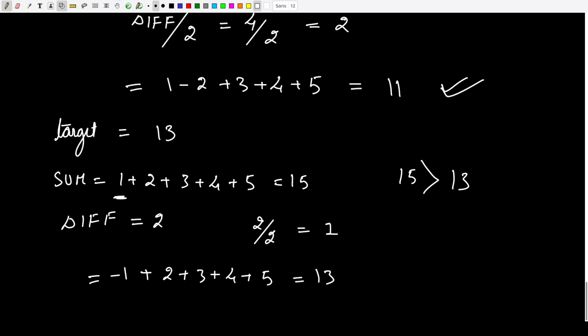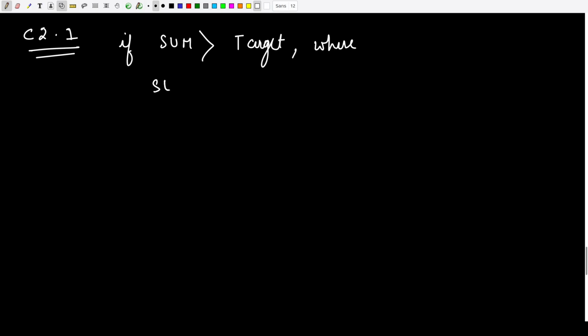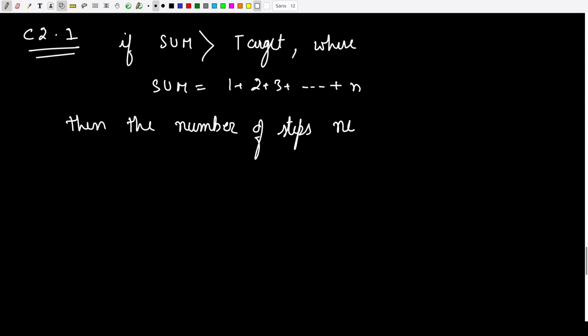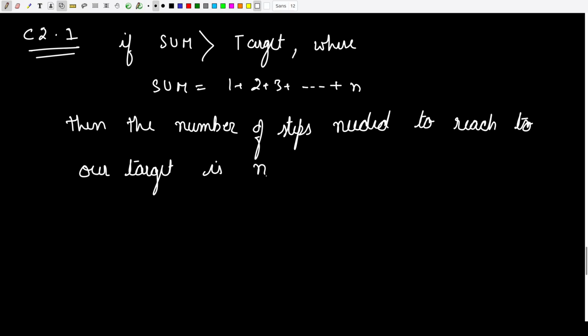So what is the conclusion we are drawing from here? Well, the conclusion is, for case 2.1, if sum is greater than target, where sum is equal to 1 plus 2 plus 3 plus all the way till n, then the number of steps needed to reach our target is n, right?